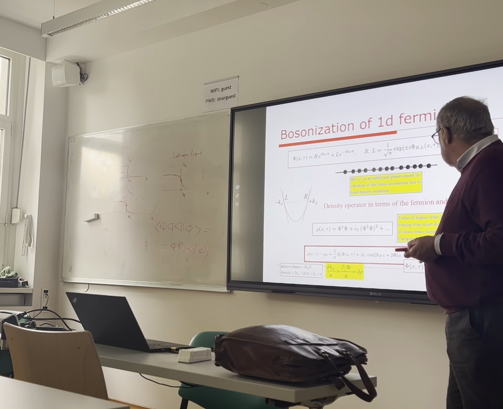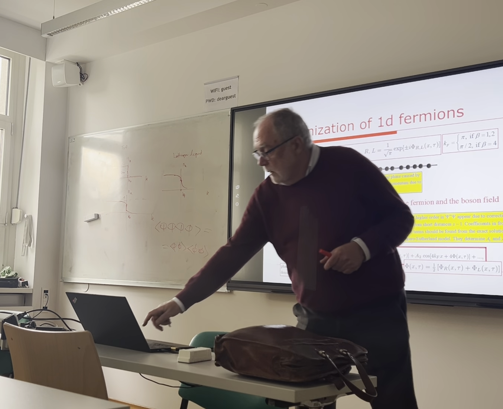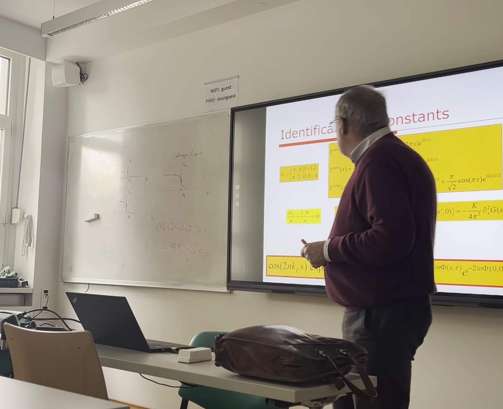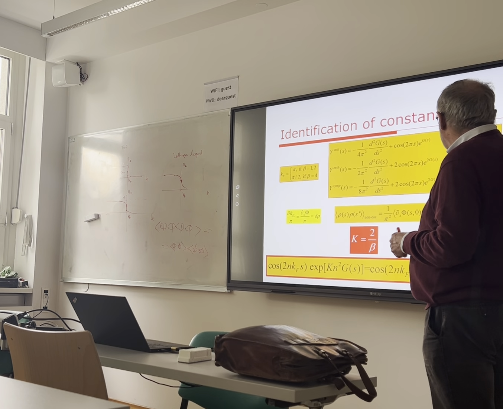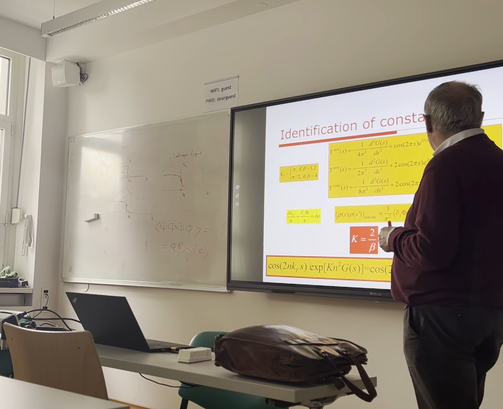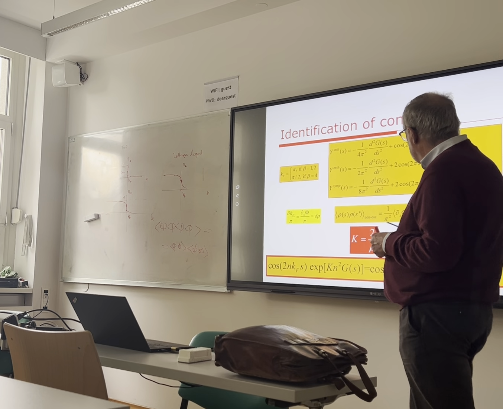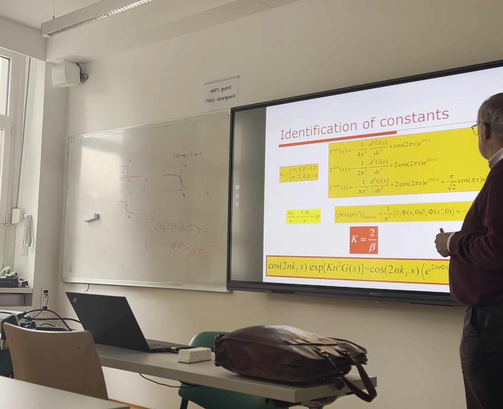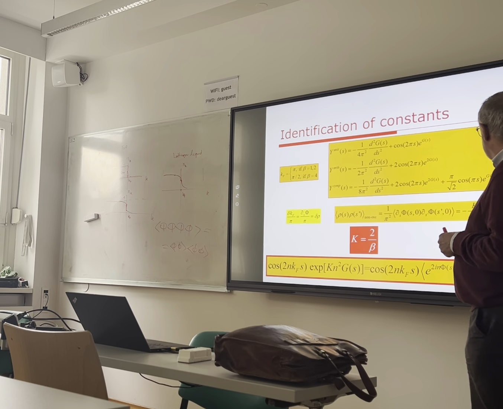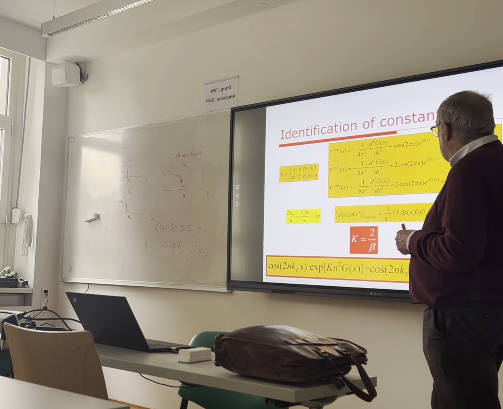So I use this stuff, and then I use the result of what I have shown to you, and eventually what I get is the following: the non-oscillating part of the density correlation is the second derivative of this g.